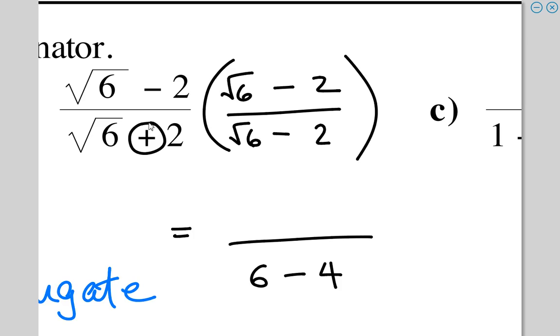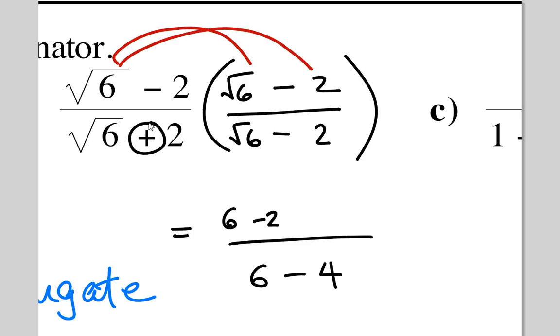Okay, so let's do it with the arrows. Root 6 times root 6 is 6. And then what's the next one? Root 6 times a negative 2. Negative 2 root 6. So we should expect that to happen again on the inside.